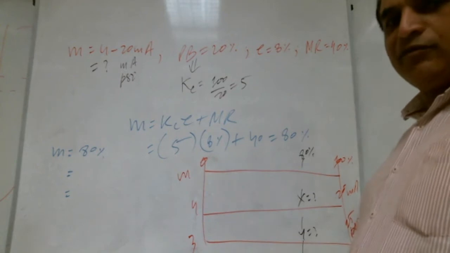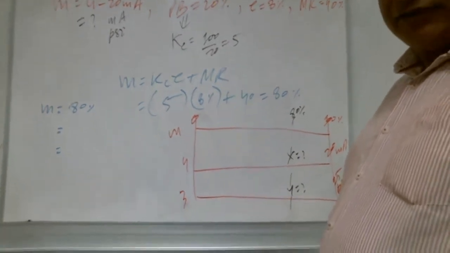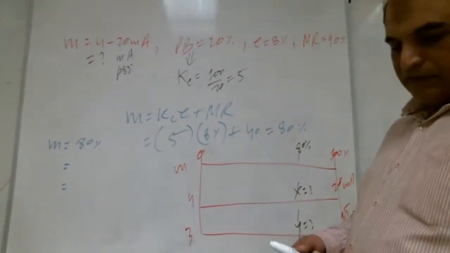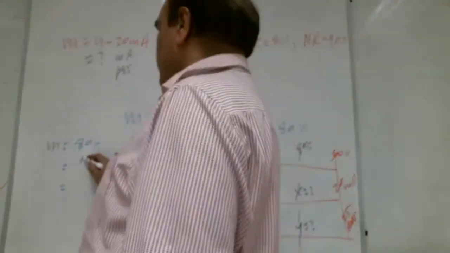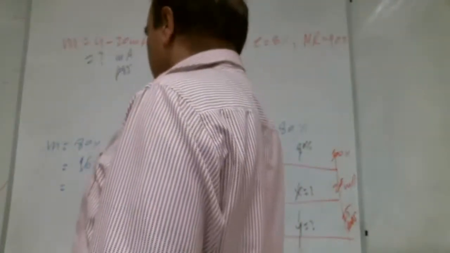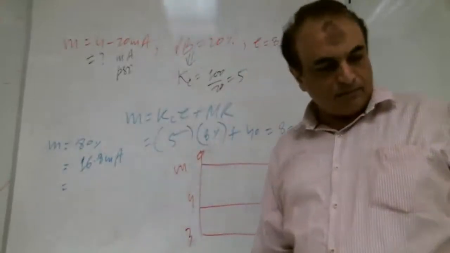In the book, it is overwritten. I think you need 16.8 to calculate it. 16.8 milliampere. Very good.